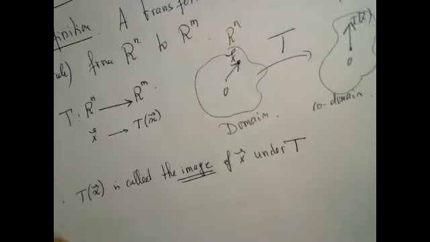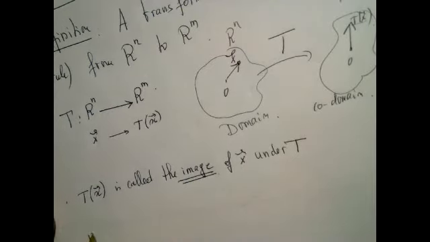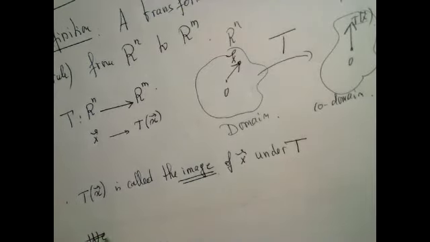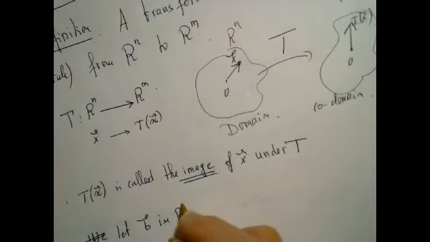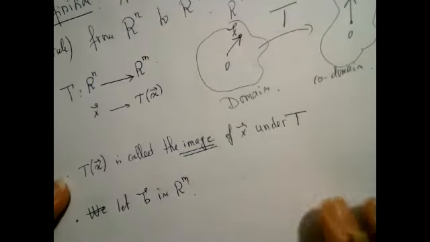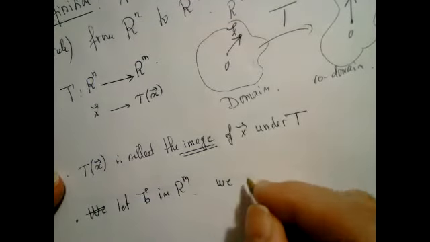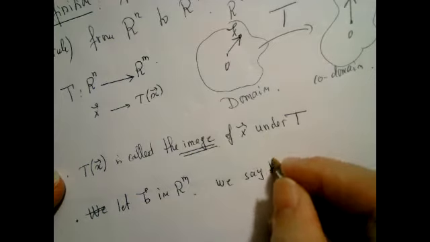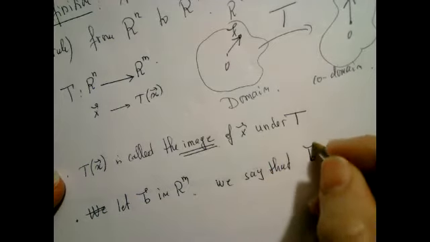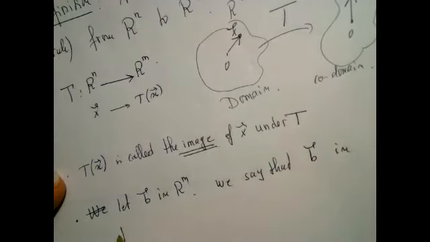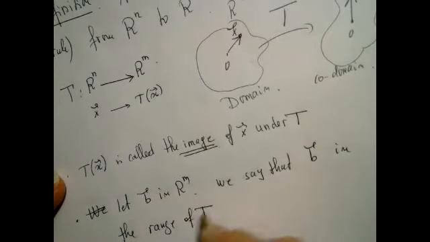So suppose I have a vector b. We say that b, a vector b, so I start with a vector b in Rm. These are just a bunch of definitions for now. We say that b is in the range of T if b is an output value.